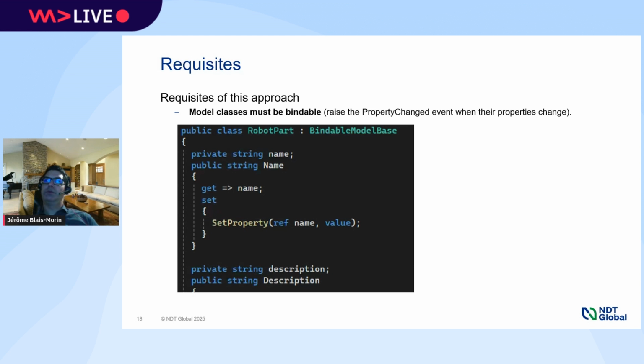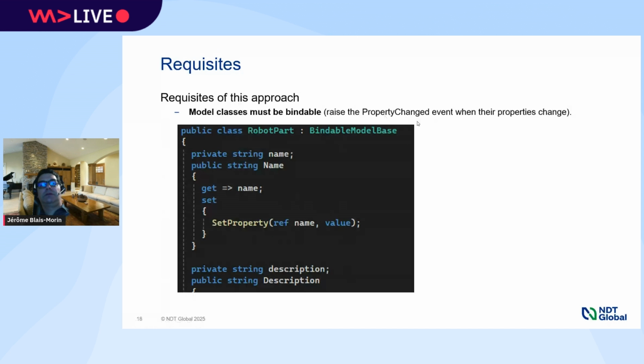In WPF, the way the UI is told that it needs to refresh to show the new value is, again, not a polling mechanism. It's told that the value has changed. And the way it works is, for example, here, whenever we set the name, here it calls a utility method, set property, but that utility method fires a very specific event. It's the property changed event. And if you work with WPF, you do raise that event everywhere when you set something in a view model.